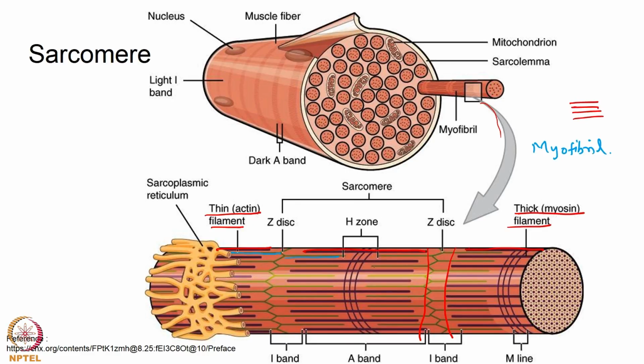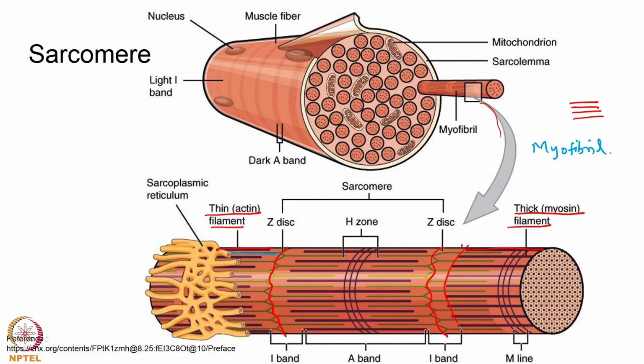Okay. So, that zone, for example, is going to appear as a darker band, because both thick and thin filaments are visible here. Essentially these thick filaments are myosin and thin filaments are actin, and it turns out that there is a boundary between one group of thick and thin filaments and another group.